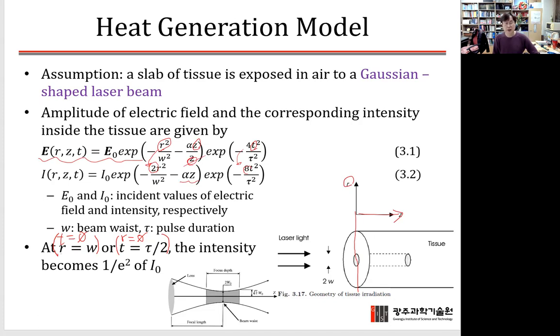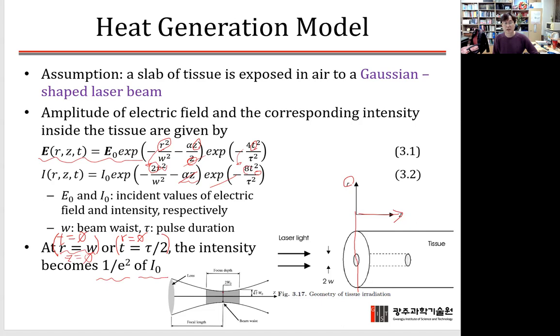At the position where r equals w, the radius of the beam width at the focal distance, and when the time is 0, you can see from this equation that putting r as w and t as 0 makes that term become 1, and z is also 0 at this point, so it disappears. What is left over is 1 over e squared of I sub 0.